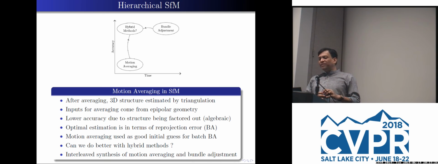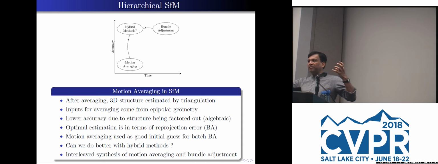So then the obvious question to ask is this. I started out by contrasting the motivation for doing motion averaging from bundle adjustment, right? If you look at this schematic idea, it says bundle adjustment is very accurate, but it's slow. On the other hand, motion averaging is very fast, but it's not all that accurate, because the relative motion estimates that you're getting, which are the inputs for your motion averaging method, are obviously not that accurate.